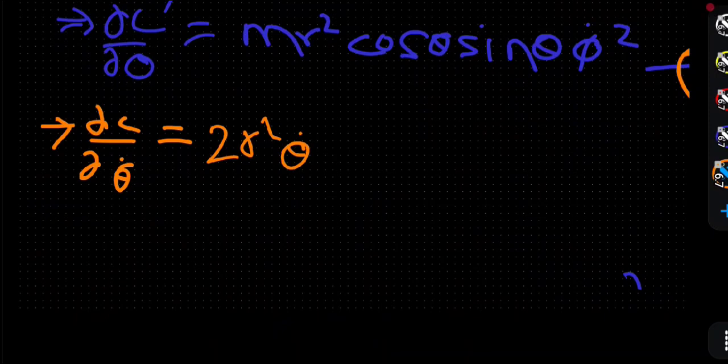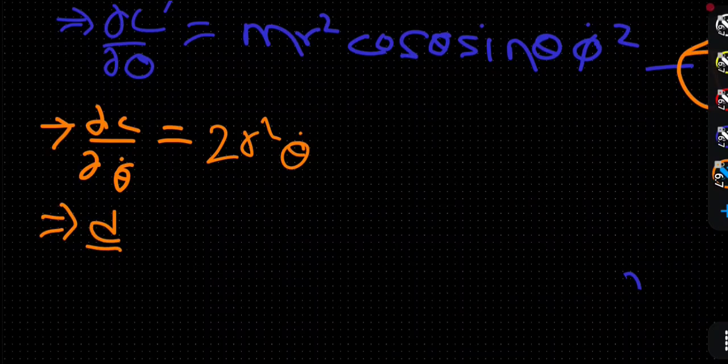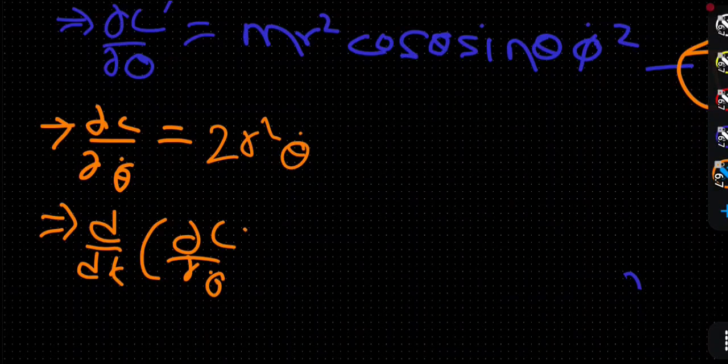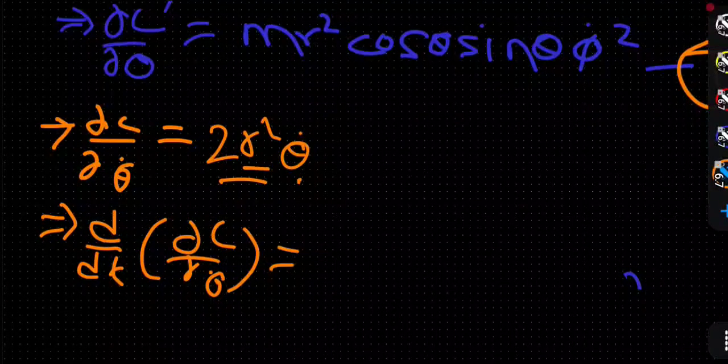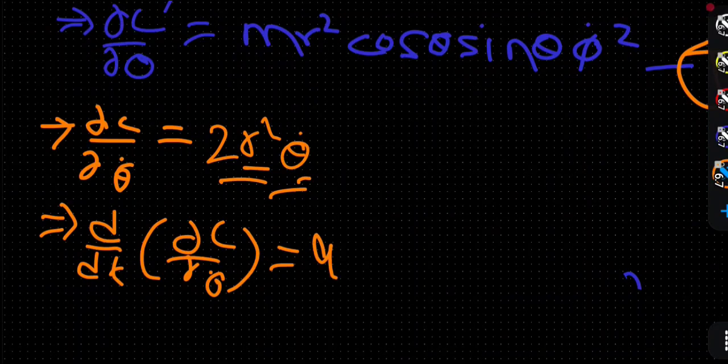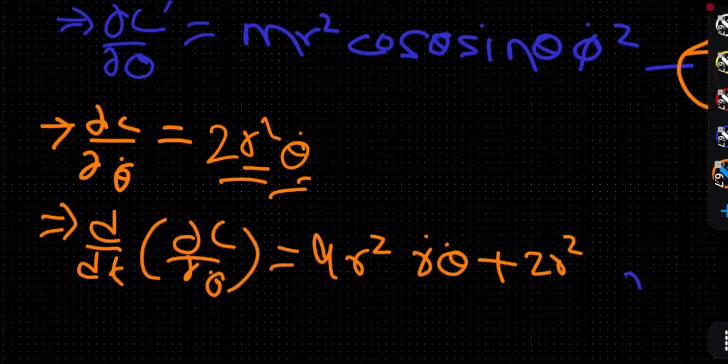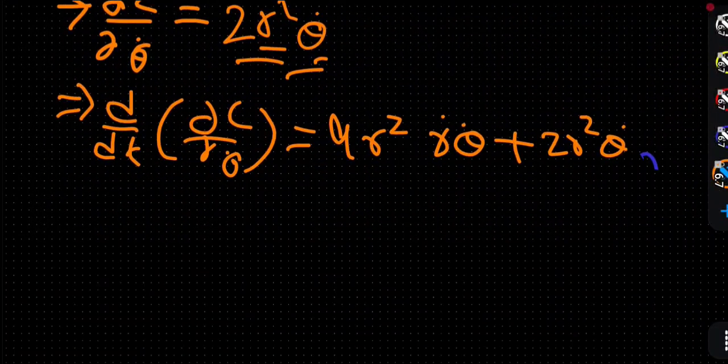Now calculating the derivative d by dt of del L by del theta dot, we are doing the product rule. So first the derivative of this, then the derivative of this, which is equal to 4 r square r dot theta dot plus 2r square theta dot. So these are our terms here.